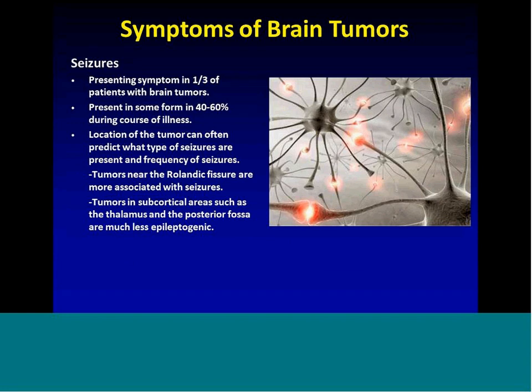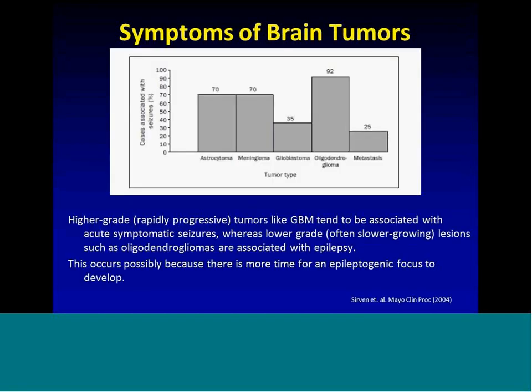For seizures, okay, again, this occurs in about 30% of our patients who have primary brain tumors. And really the location of the tumor will predict whether the patient is going to have seizures. If it's in the temporal lobe, okay, it's more likely to cause seizures. If it's deeper, in the basal area, you may expect more focal symptoms rather than a seizure itself. Okay?